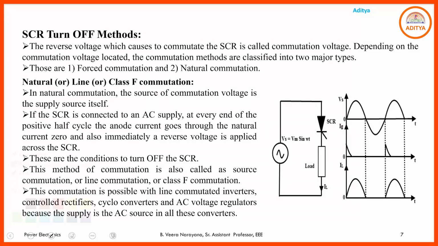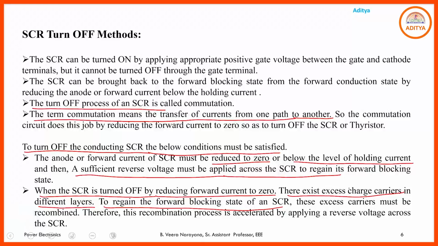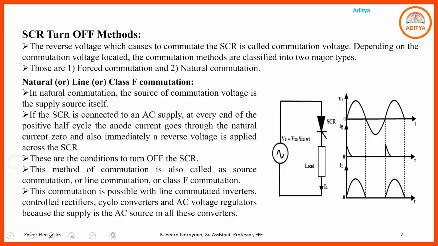So this natural commutation is also called line commutation or class F commutation. This natural commutation is preferred if the circuit is energized by the AC supply.